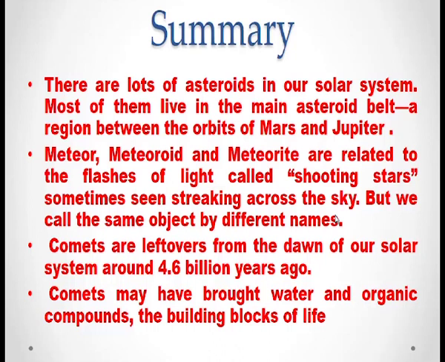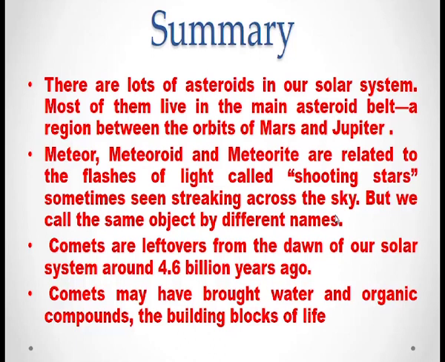Meteor, meteoroid and meteorite are related to the flashes of light called shooting stars, but all three are the same object. Based on its position, it is named in 3 ways. Sometimes seen streaking across the sky, we call the same object by different names.